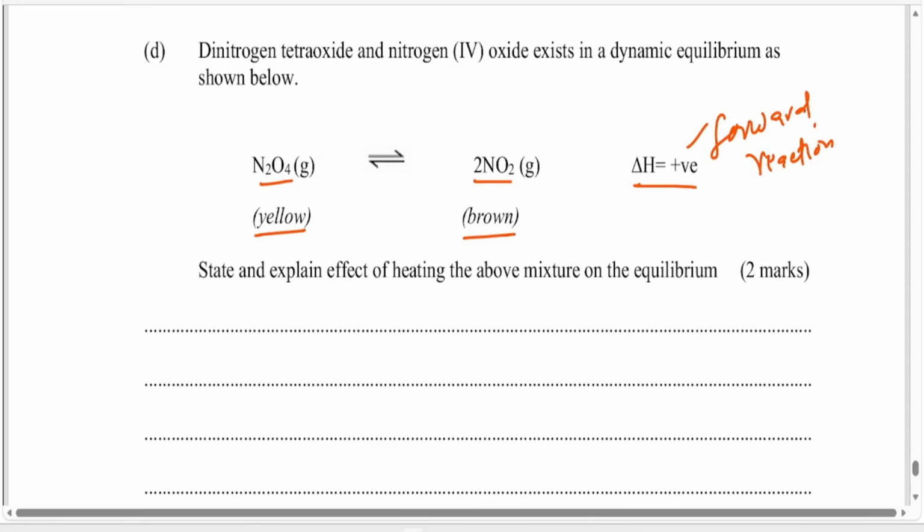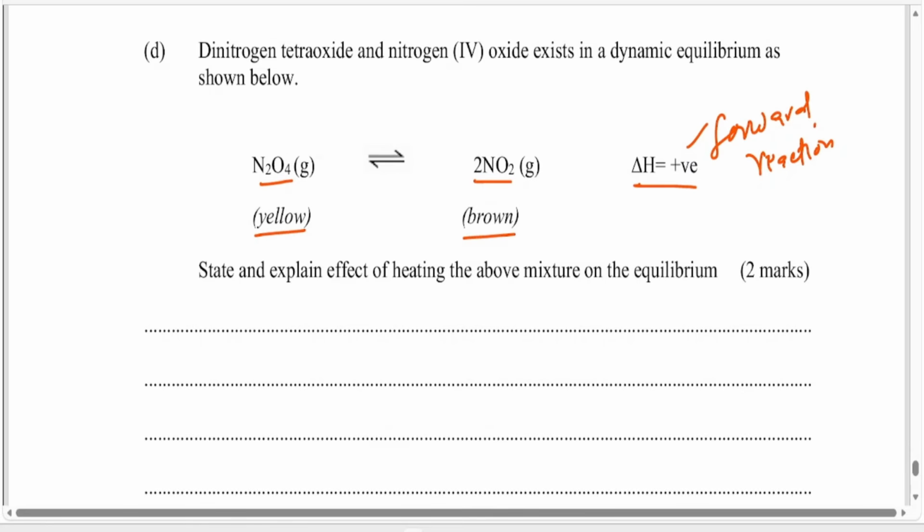According to Le Chatelier's principle, when a change in condition is applied to a system at equilibrium, the system moves so as to oppose that change. So the forward reaction is endothermic, meaning the temperature of the system goes down.